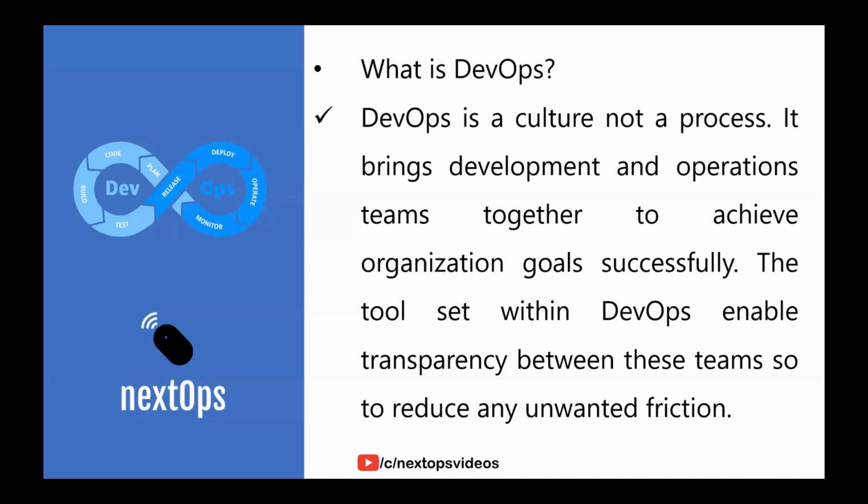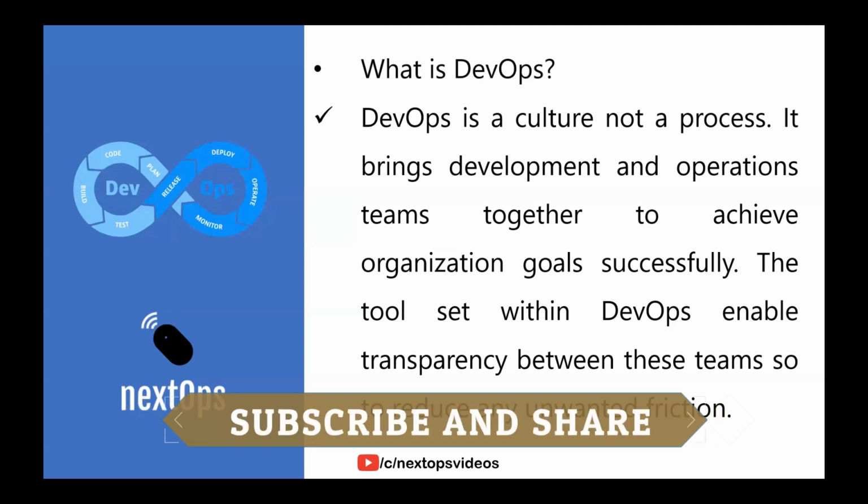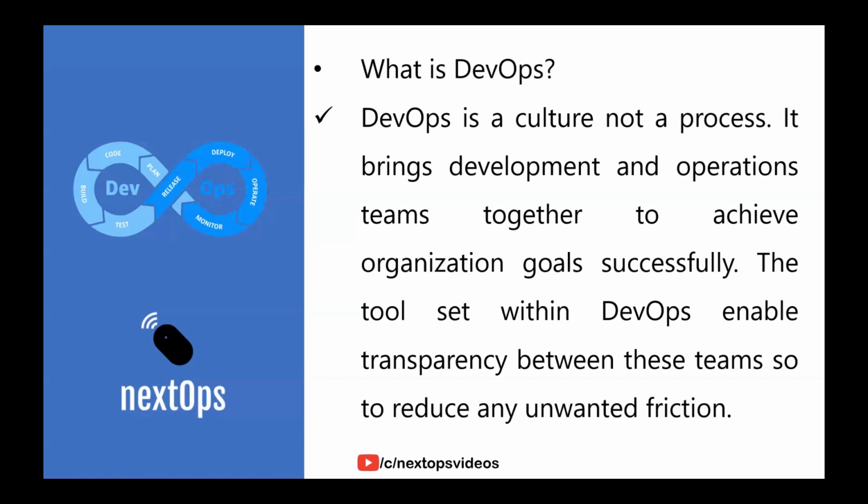If something goes wrong with the application, the development team used to blame the IT team, and the IT team used to blame the development team. If there is enough transparency between these teams, people from the dev team can see what has been done by the IT team and vice versa. And this transparency can only be achieved by the tool set, because tools will log everything.